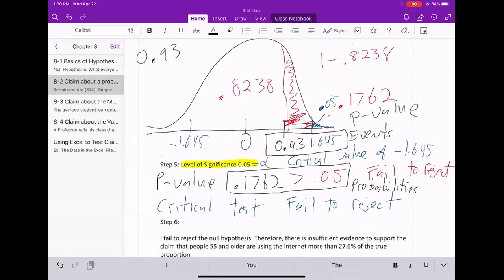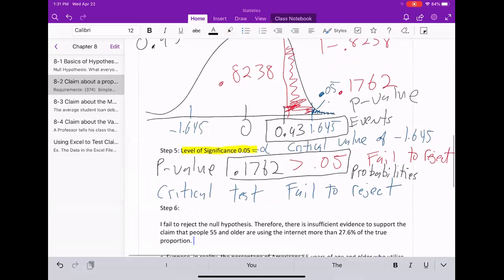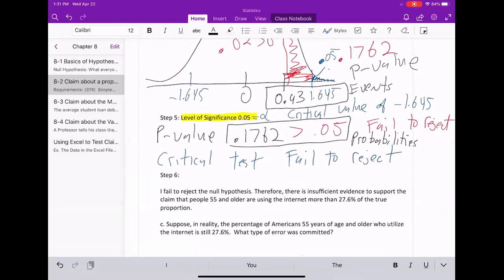If I use the p-value method, I just take my p-value and compare it to my level of significance, right? And in this case, it's greater than, so I fail to reject the null. Or I could do my critical value test where I go find the critical value and I compare that to my test statistic and my coloring. And I come up, in this case, to the same conclusion of fail to reject the null. And then step 6, we relate it back to the problem we are trying to currently solve at hand.